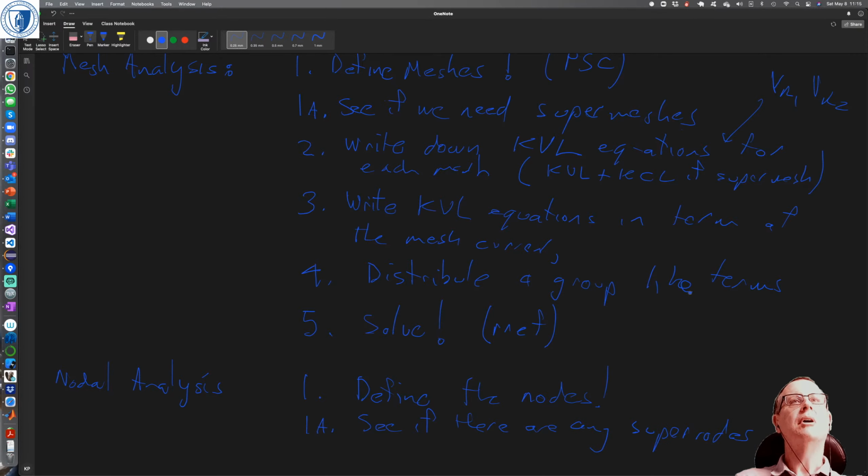And just remember, a supermesh happens when two mesh currents flow through a current source.